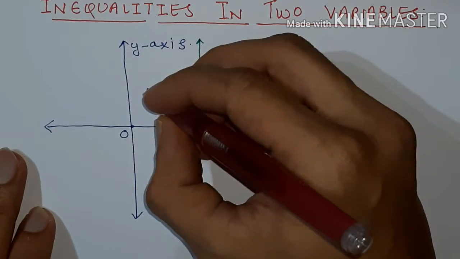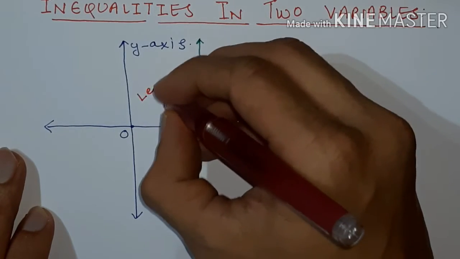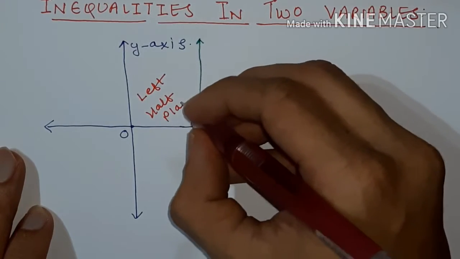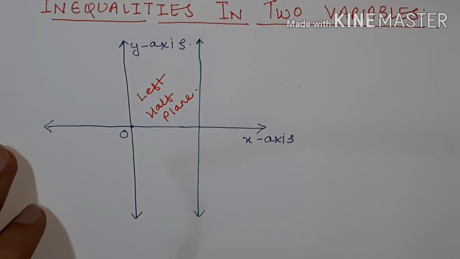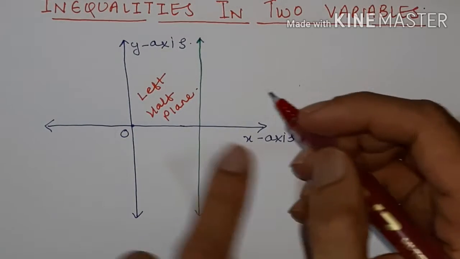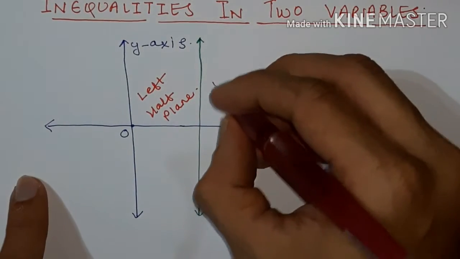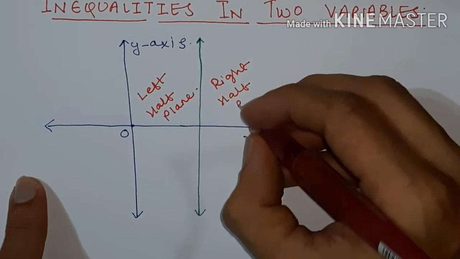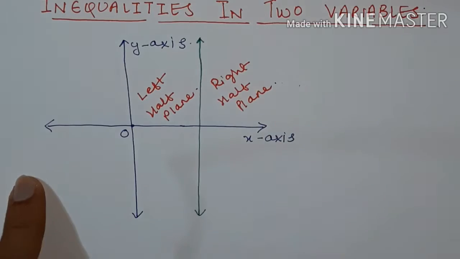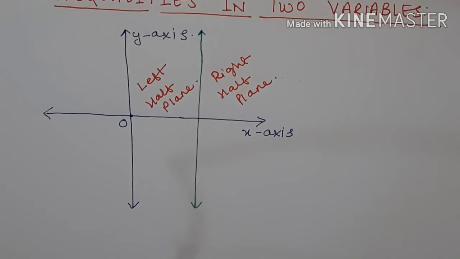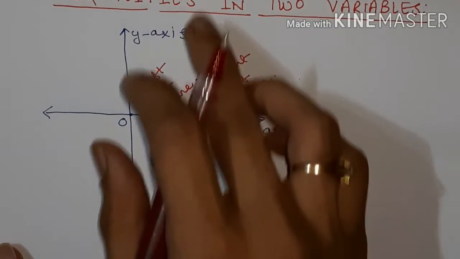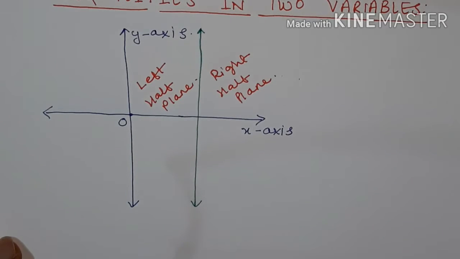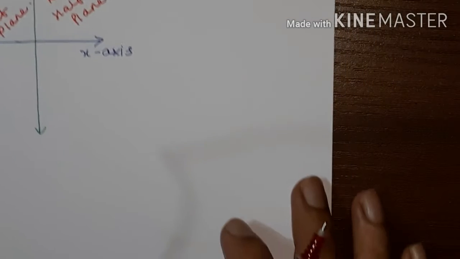So the first is nothing but the left half plane, and on the right hand side of this line you have the right half plane. So you can see that this vertical line will divide the coordinate axis into left half plane and right half plane.